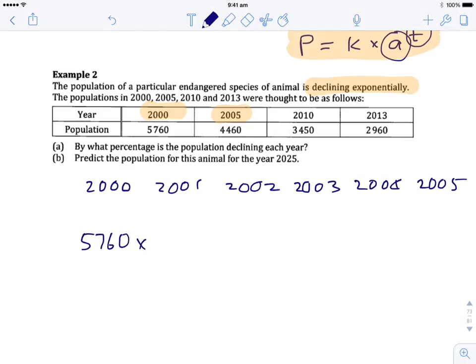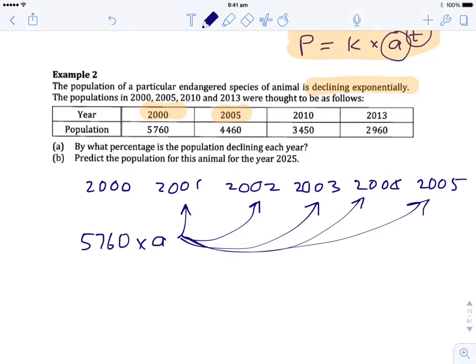We're timesing it by a certain number, I'll call it A for now, to get this one here. Then we're timesing this number here by A again to get that one there. Then we're timesing it by A again to get that, and A again to get that, and A again to get the number in 2005. In fact, I've taken 5,760 and timesed it by A 5 times to get me the value from 2005. I hope that made sense.